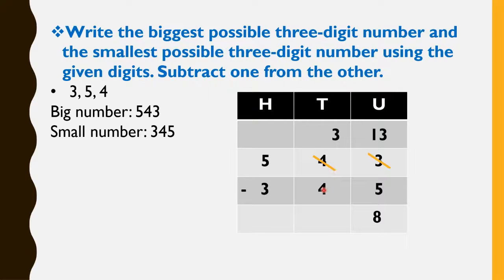Now in tens place, we cannot subtract 4 tens from 3 tens. So we have to untie 100. That is, we have to borrow 1 from the hundreds place. So in hundreds place, there will be 4. So 100 means 10 tens.